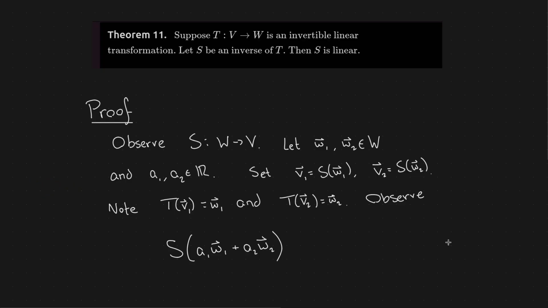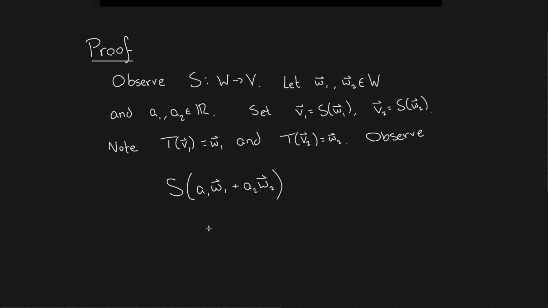So what I'm going to do here is plug in what I know W1 and W2 to be, namely T of V1 and T of V2. So I get S of A1, and instead of W1, I'm going to write T of V1 plus A2 T of V2.